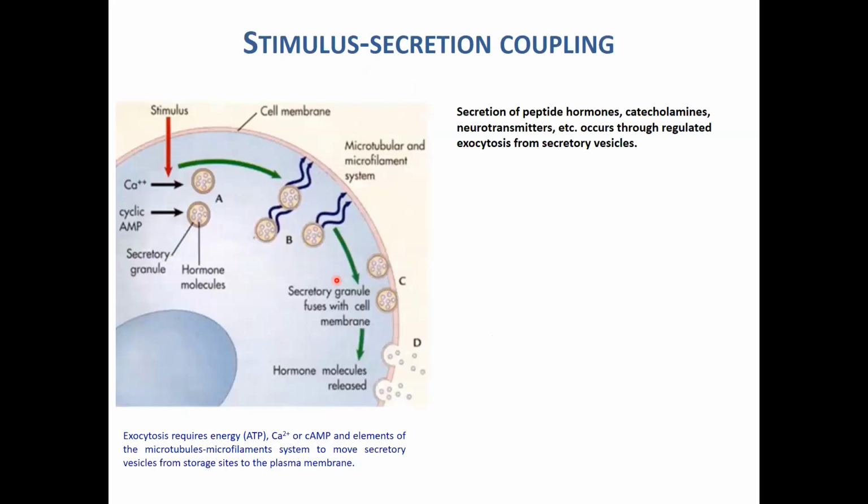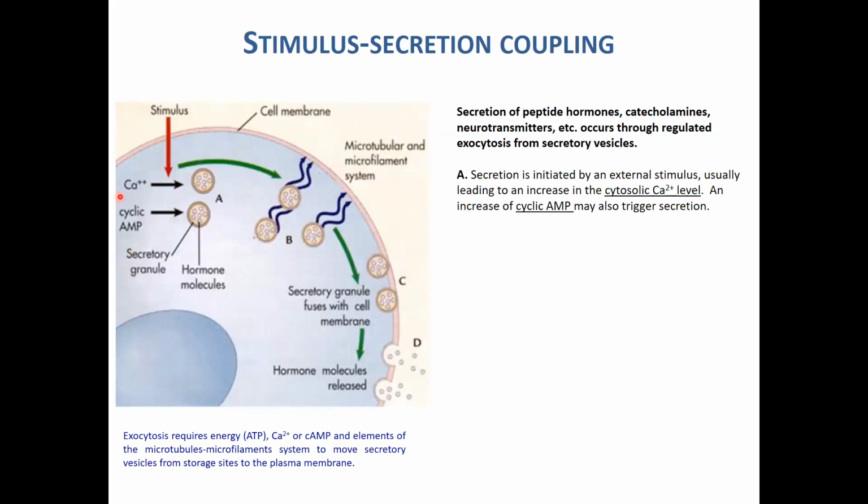So I've made the hormone, I put it in the secretory vesicle, now how do I get it out? Most of these peptide hormones and catecholamines are released through a process called regulated exocytosis of secretory vesicles. In this particular process, you have a stimulus. It can either be a rise in intracellular calcium, through a multisensitive calcium channel, or release from internal stores, or an increase in cyclic AMP. That's going to be the signal for this secretory vesicle to start transporting to the plasma membrane.